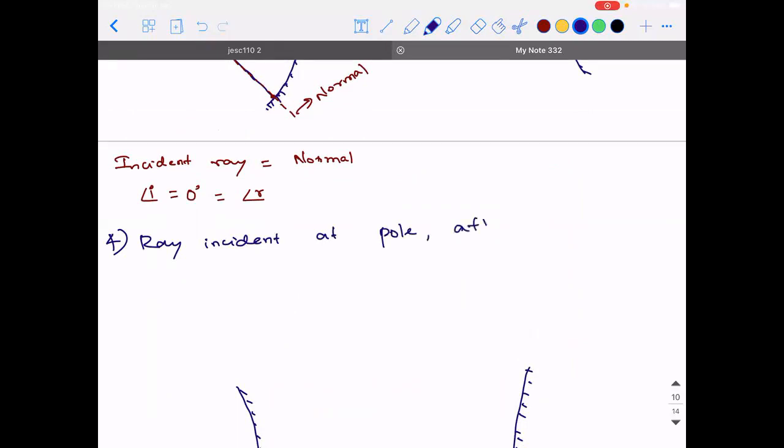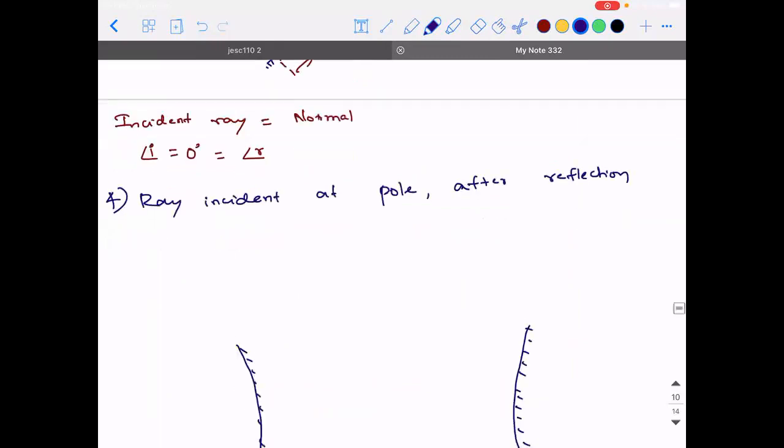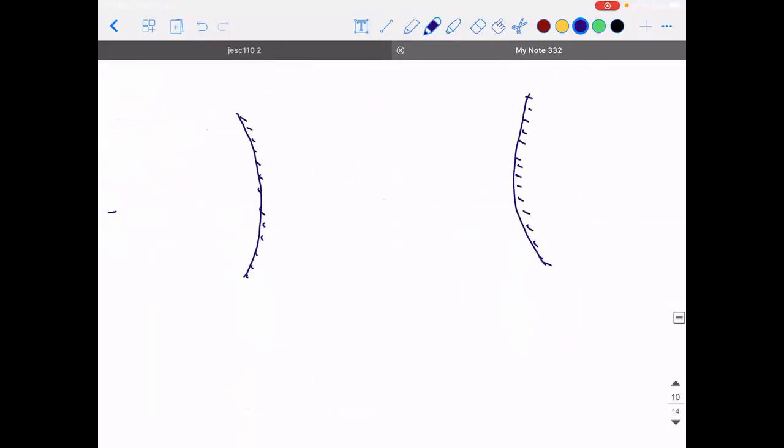After reflection, let's see what will happen. If I take this point as P, if I take this point also as P, so when a ray is hitting the pole, then at the point of incidence, what are we supposed to do?